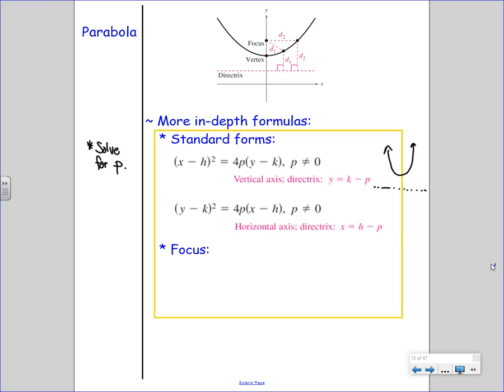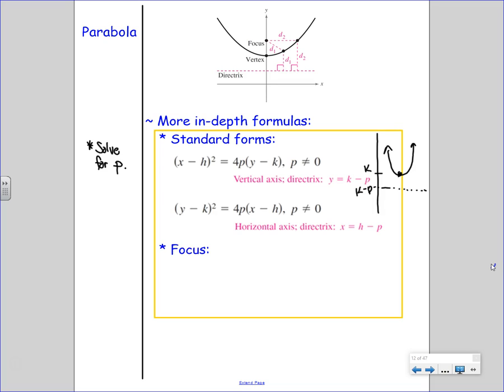And my y equals line is going to need to go to the y value of k. And then I need to go ahead and subtract p, because I need the directrix to be below k. So the reason why my directrix formula is y equals k minus p is for this type of parabola, my directrix is going to be the opposite direction of k.